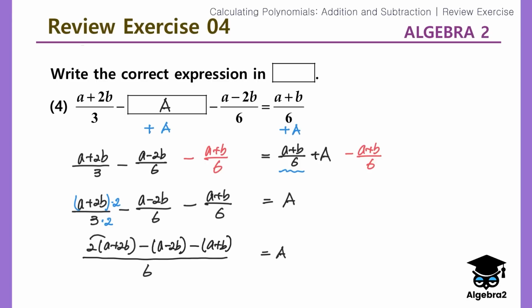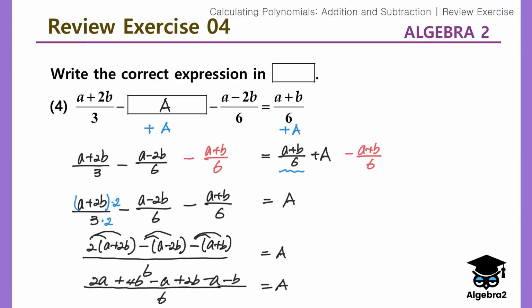So 2 times a, that's 2a, 2 times 2b, plus 4b, minus a plus 2b, minus a minus b, over 6, right? And that is equal to a.